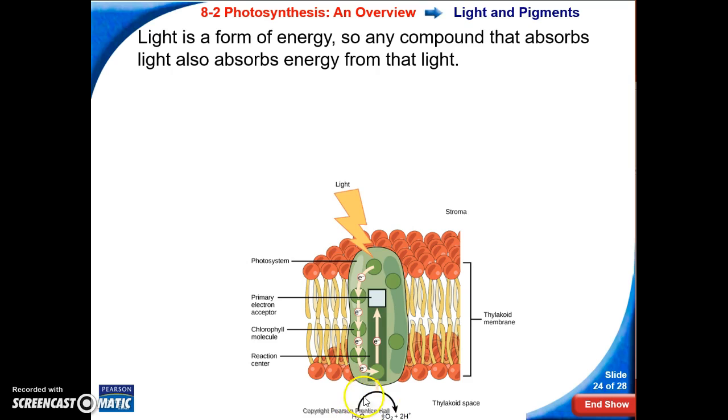And in this splitting process of breaking apart a water molecule, the electrons from the hydrogen actually get taken by the photosystem, and that photosystem is using them to now create energy from the light.